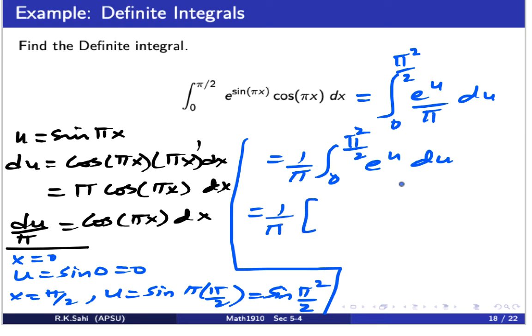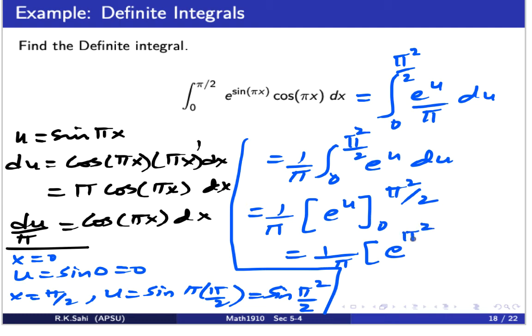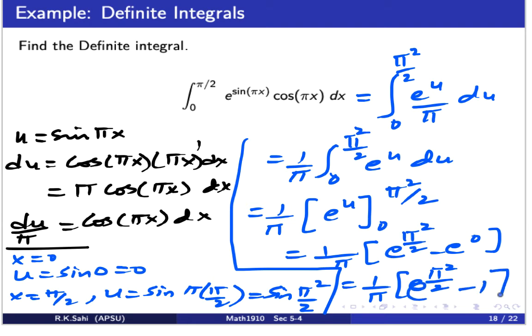Now apply the first fundamental theorem of calculus. It is e to the power u from 0 to pi square over 2, or 1 over pi times e to the power pi square over 2 minus e to the power 0. Final answer: 1 over pi times e to the power pi square over 2 minus 1.